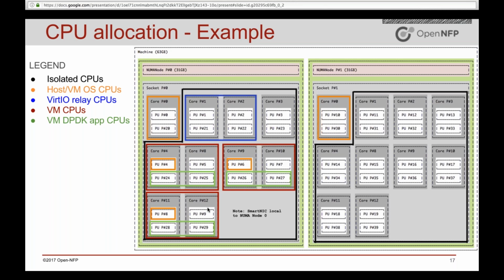Now, if you're trying to generate a very large configuration that is more representative of real-world usage, you will end up using both NUMA nodes, but you'll end up having to partition the resources between those 2 things.